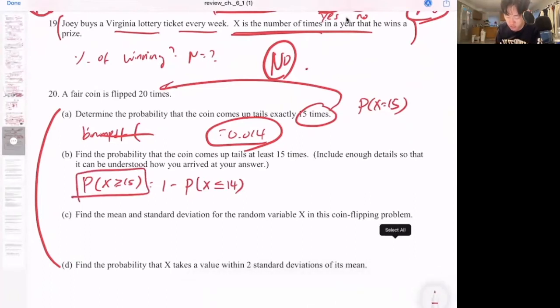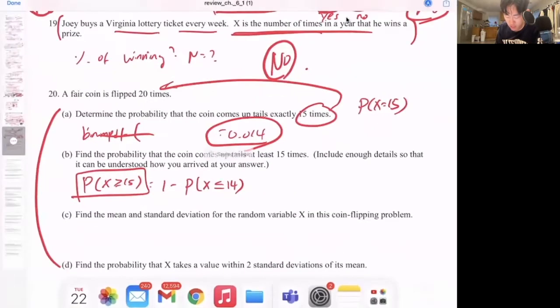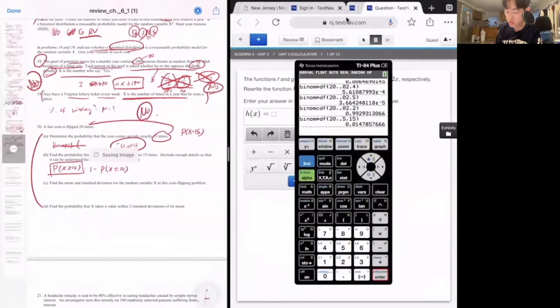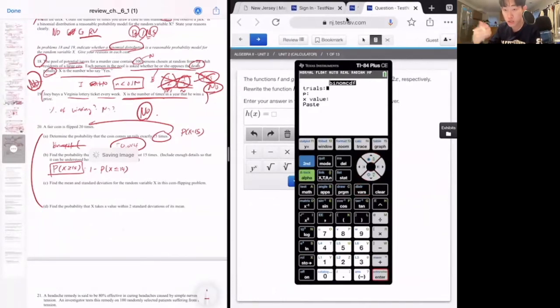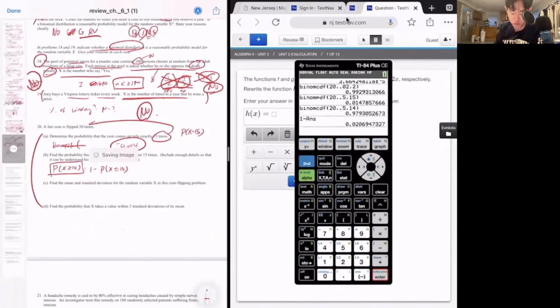The binomial CDF always counts from the left. You want to go from 0 to 14 and subtract it from 1 in order to get the rest of the probability. So you're doing it 20 times, and the probability of success is 0.5. X value is 14. So it's 0.97. So 1 minus that answer, which should give you 0.02.